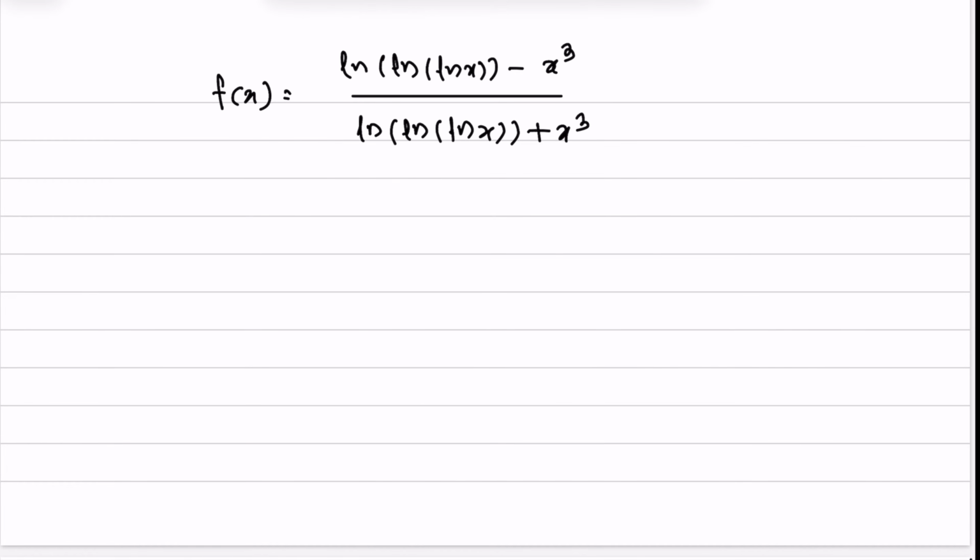The numerator is defined well when x is greater than e. That's what we have got, because for x greater than e, x cube is well defined. Now, what about the denominator?